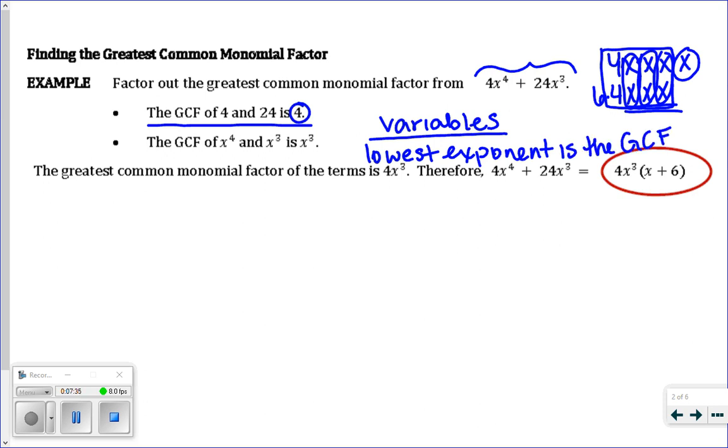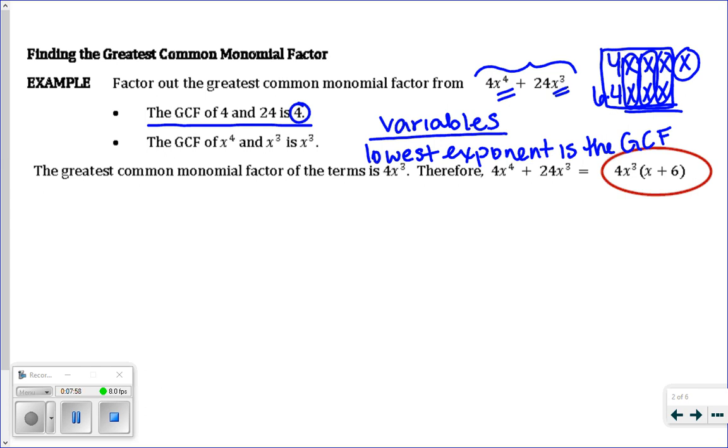If I had an x to the fourth and an x to the third, then the most they'll have in common is x to the third. I can pull 3 x's from both of those terms. I cannot pull 4 x's from both of those terms because the 24x to the third does not have 4 x's to give me. It only has 3, so 3 is the most that I can ask.